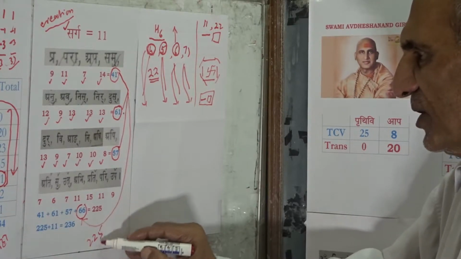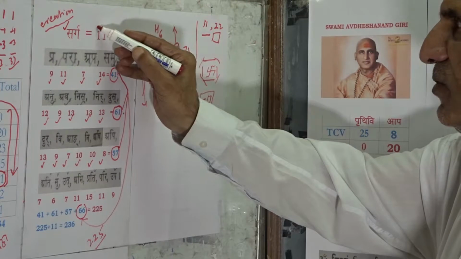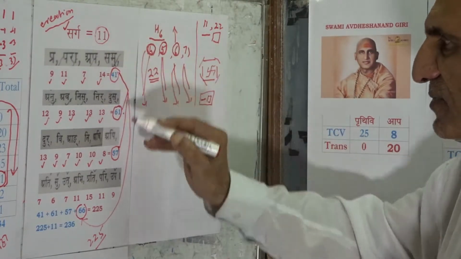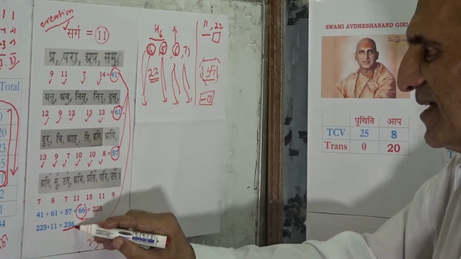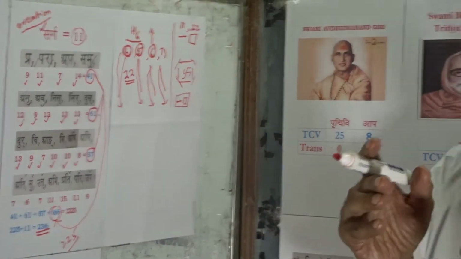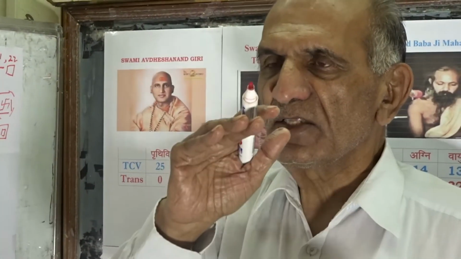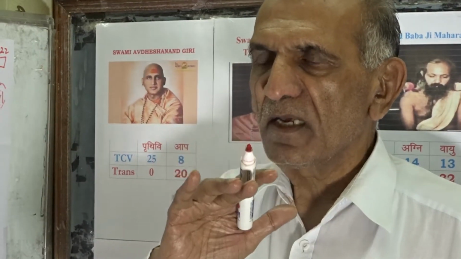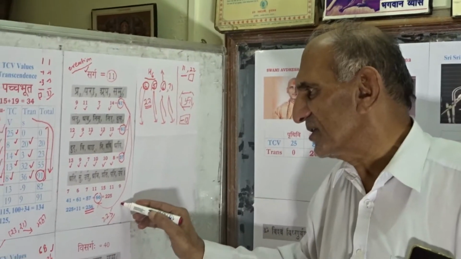This value 225 together with value 11 of this sarg gives us a value 236. It would be blissful. One will have a pause here and take note that the Ganita Upsutras are 13 in number, and these 13 Ganita Upsutras are a composition, a scripture availing in all 236 letters.